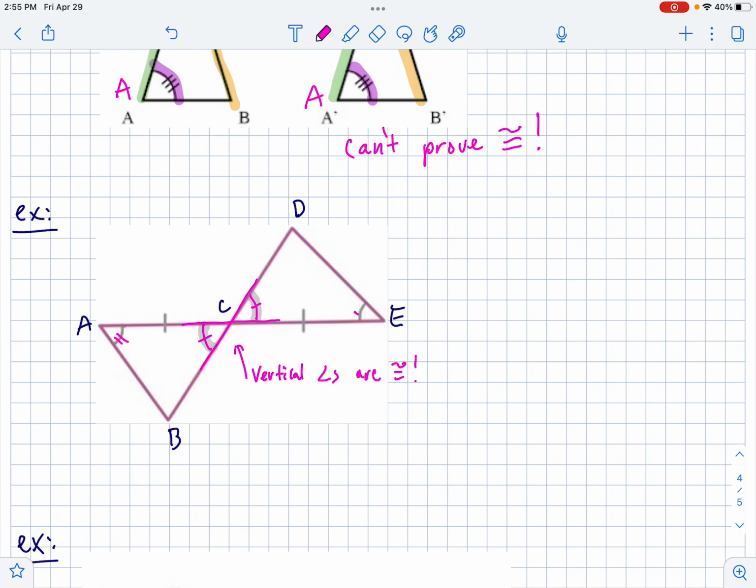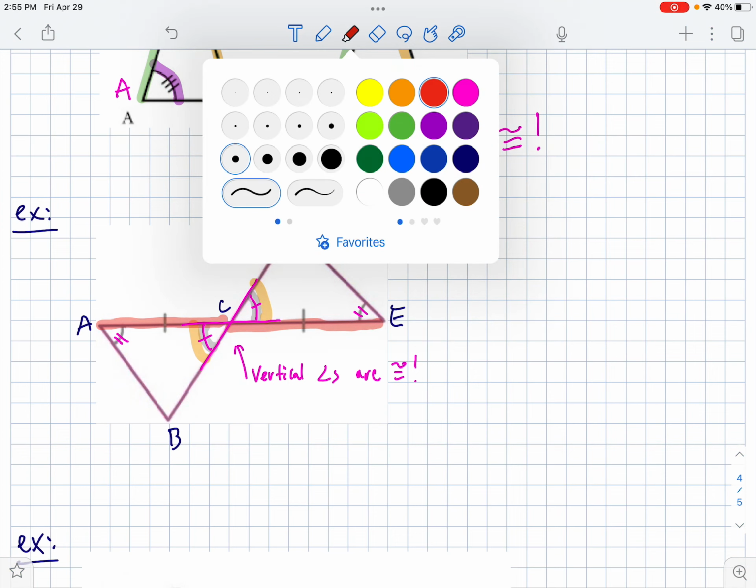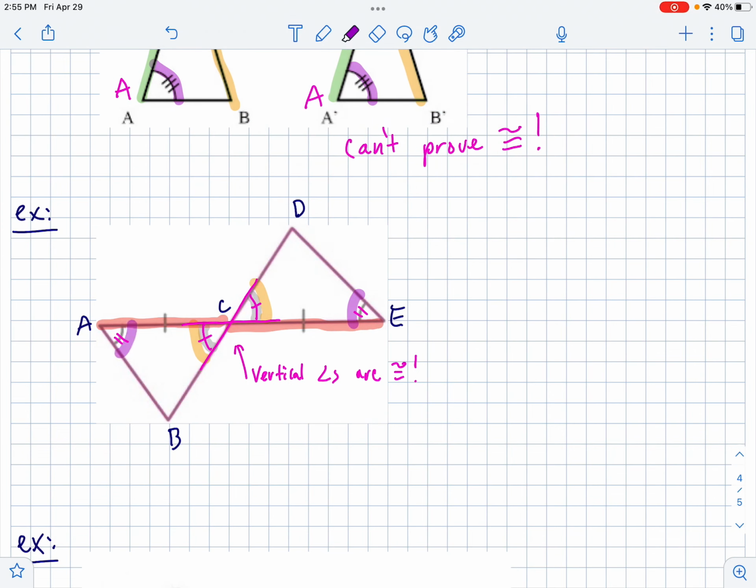So when I add those markings in, we can say that we have an angle, a side, and a side, and then another angle. The order on that one is angle, side, angle. It's a side sandwich. So yes, they are congruent.